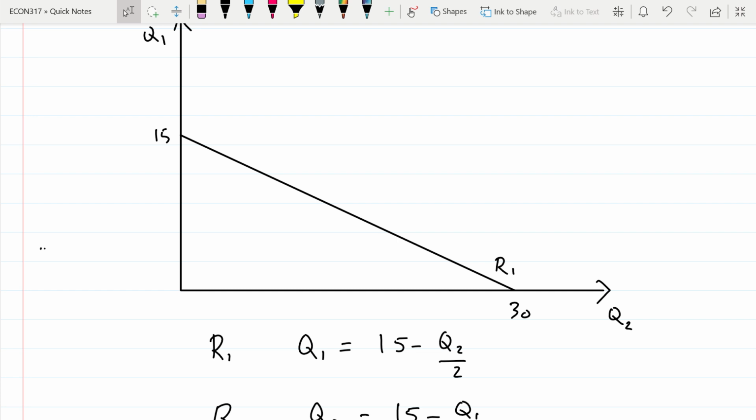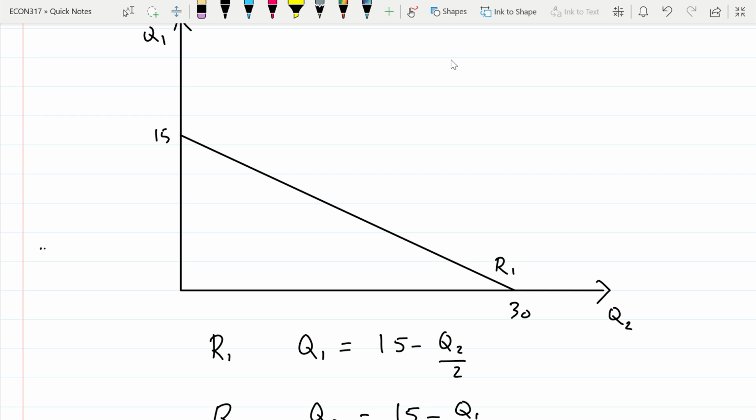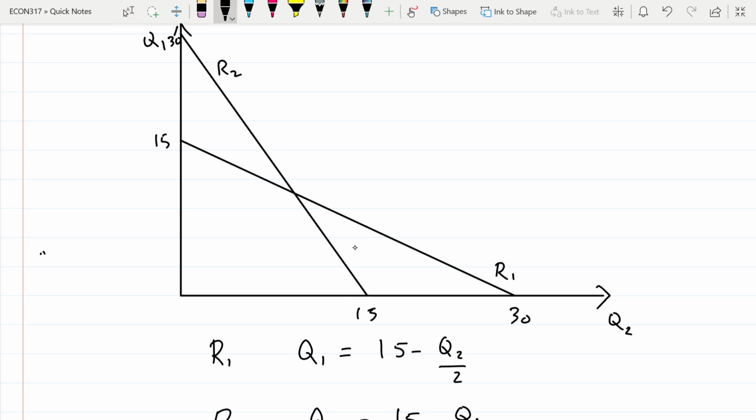If I want to draw the reaction function for firm 2, it will have 30 as the vertical intercept, 15 as the horizontal, so 30 here, 15 here is the reaction function R2.